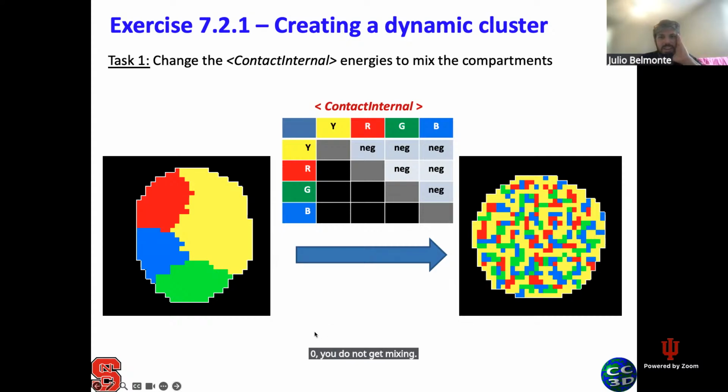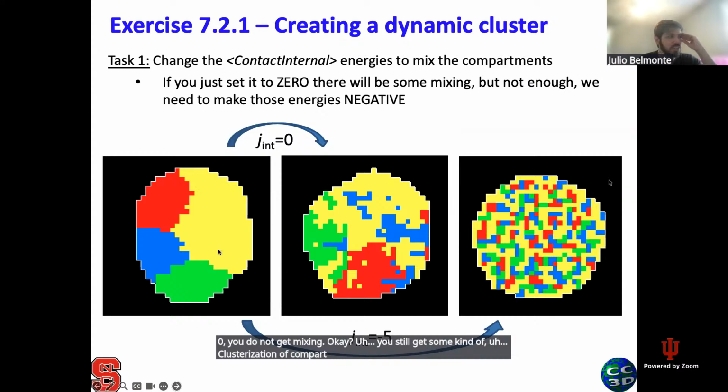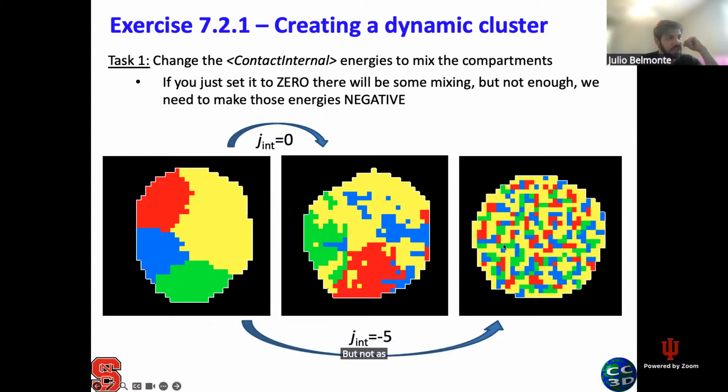Okay, you still get some kind of clusterization of the compartments. The compartments look much fuzzier than before, but not as mixed as they should be. You have to make your energy negative to actually get the cells mixed.